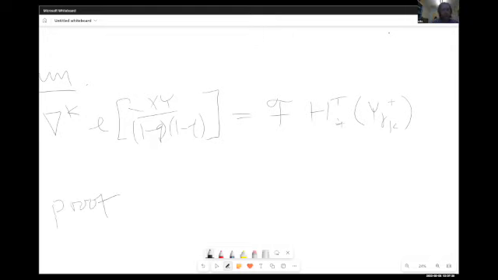So this theorem is actually from a follow-up paper, also with Anton.